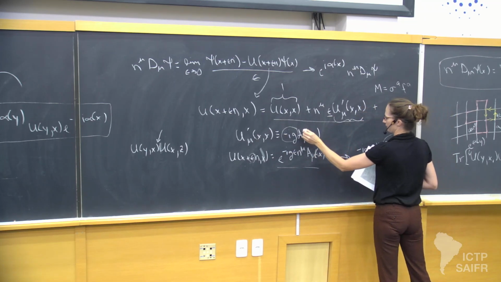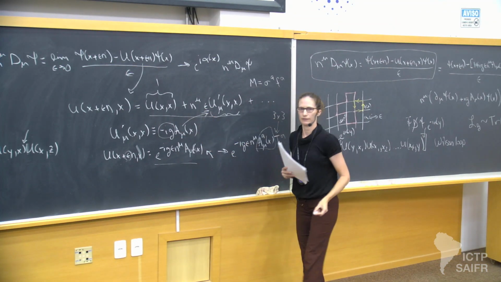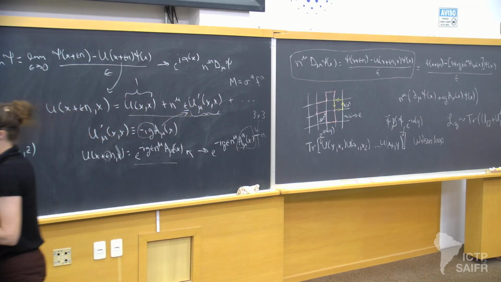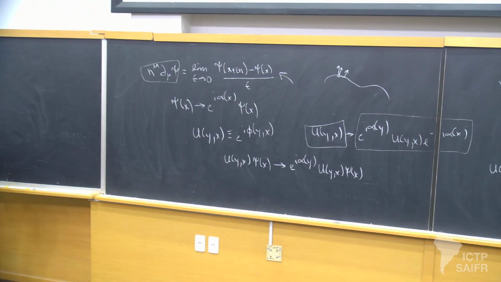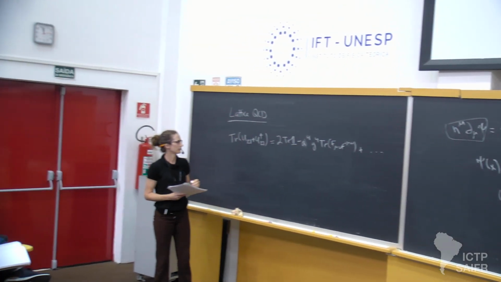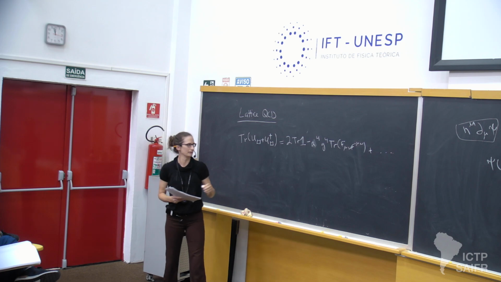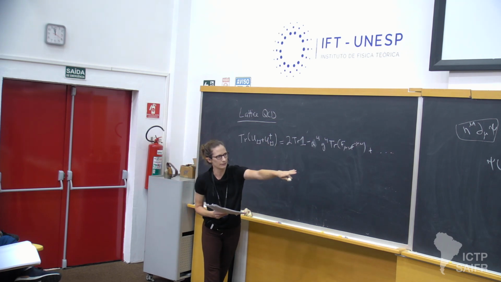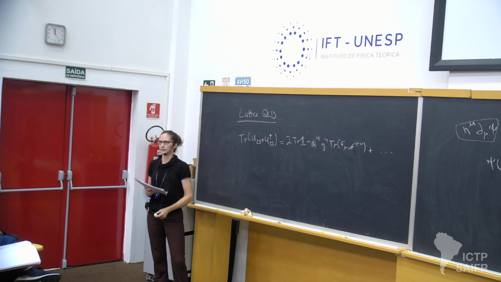We expanded this thing and then plugged in this for that. This thing is the constant times F mu nu, plus higher order. Let's go ahead and call this A now. So if we have time in exercises today, we can do this, but basically you just expand your U fields and this is what you find.